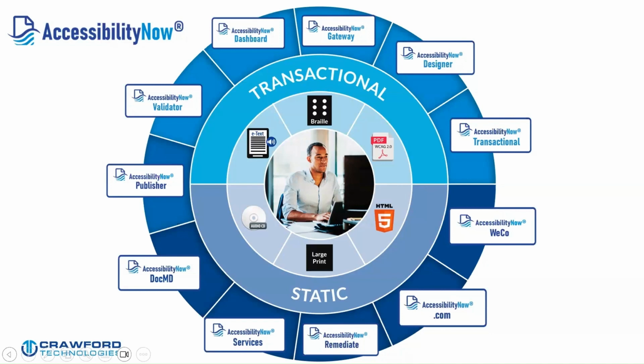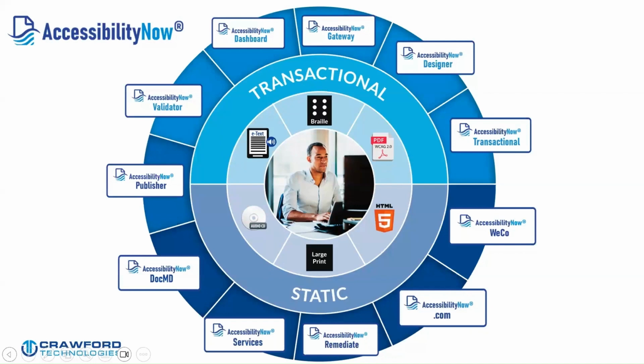It's system generated, and it typically will have fixed content, but some variable information will go into it. So everybody will get essentially the same document, but there'll be different customer details, different user details. So it's fixed content, fixed layout, but with variable data. So that's what we call transactional.